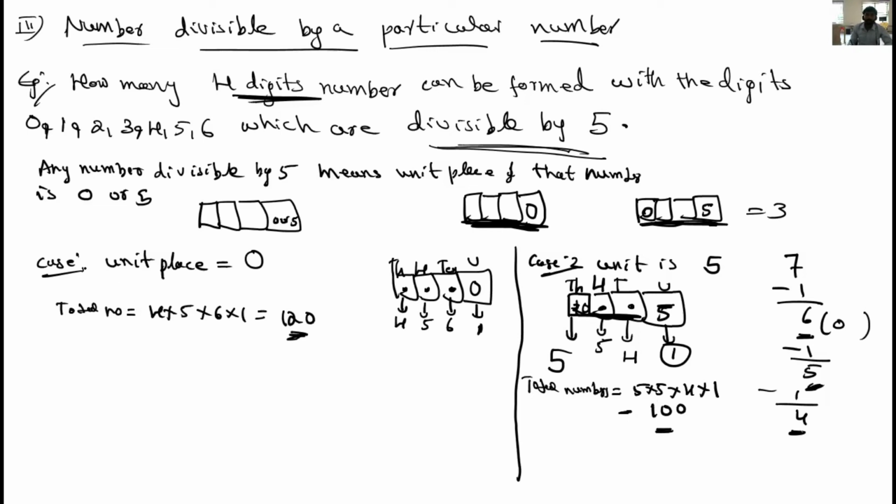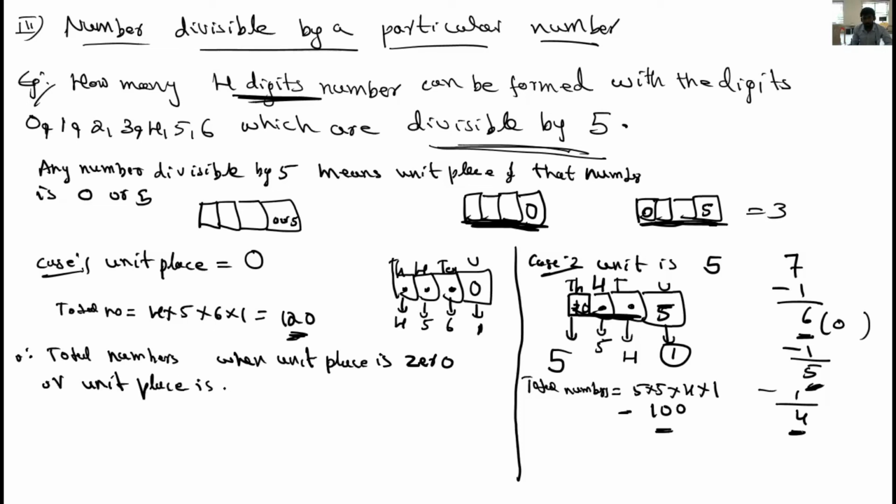Now combine case 1 and case 2. Therefore the total numbers when the unit place is 0 or the unit place is 5.